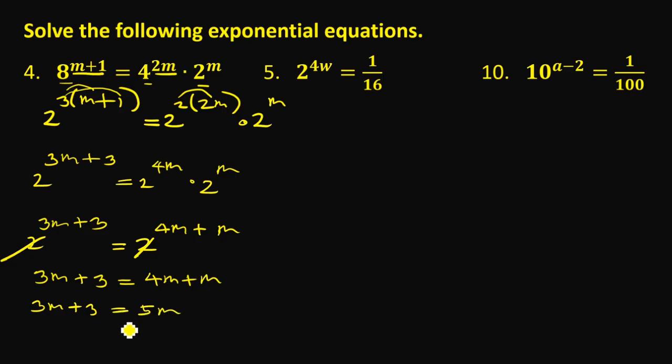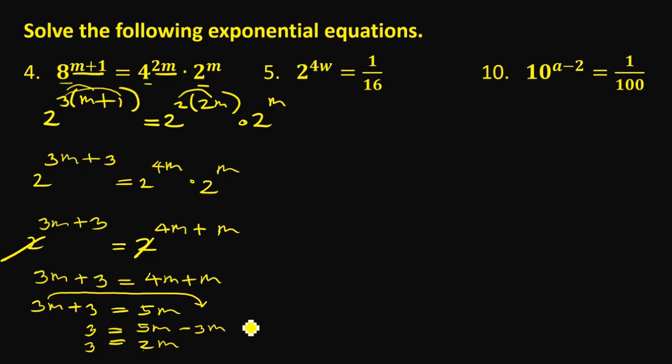Next, combine like terms. We transfer 3m to the right side. So copy the 3 equals 5m. Then 3m will become negative 3m. Then 3 equals 5m minus 3m, which is 2m.